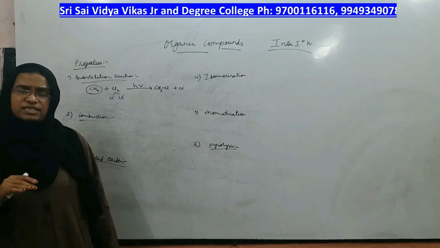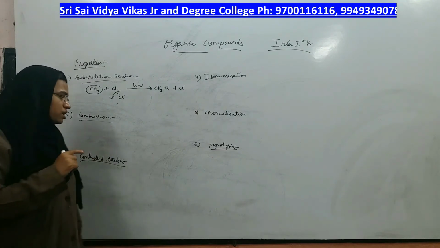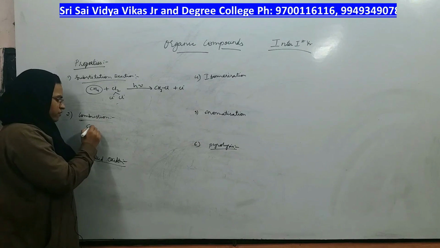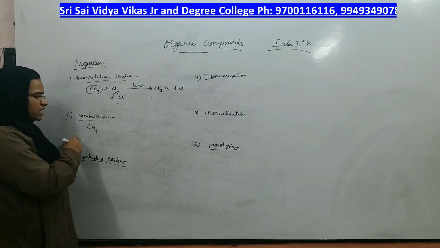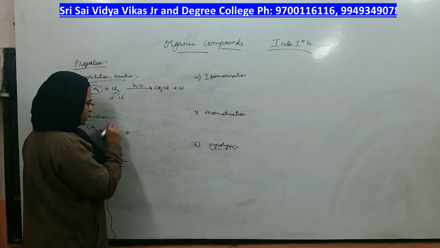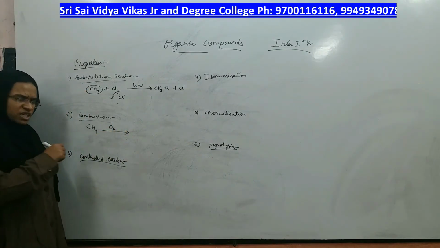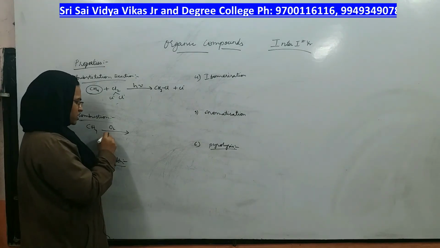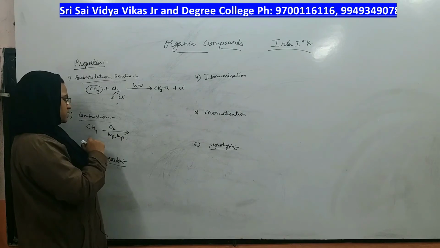Why can alkanes act like a fuel? Because whenever that fuel is burnt in the presence of oxygen, here also I am taking the simplest alkane, which is methane. Whenever alkanes are burnt in the presence of oxygen at high temperature, what happens?